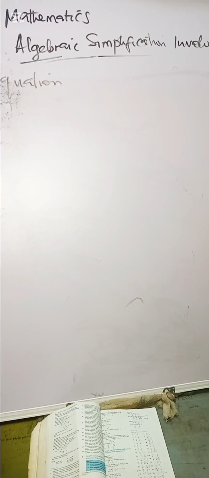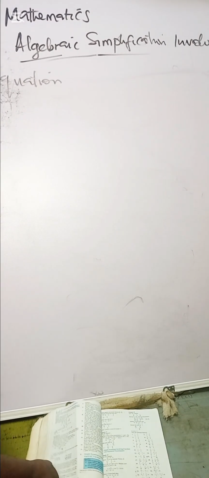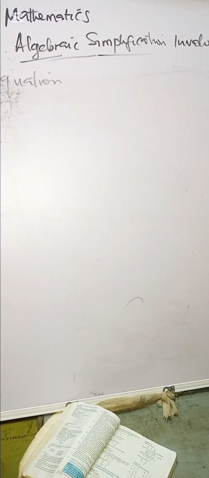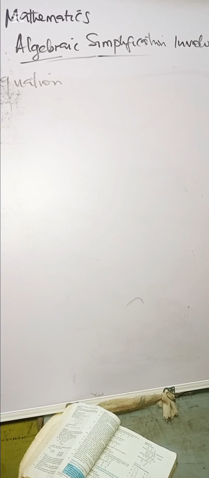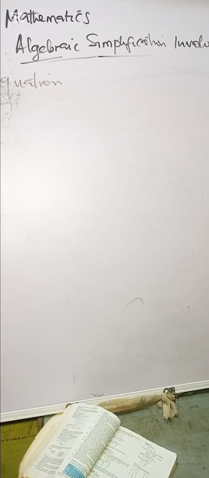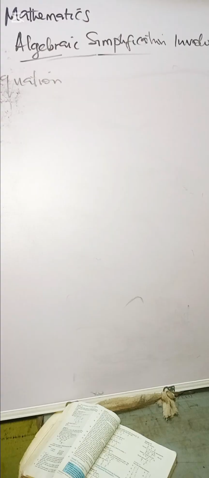Okay, this one is algebraic simplification involving fractions. The other one is algebraic simplification involving fractions with an equation. This one also is fractions only, but this one is algebraic simplification involving fractions.